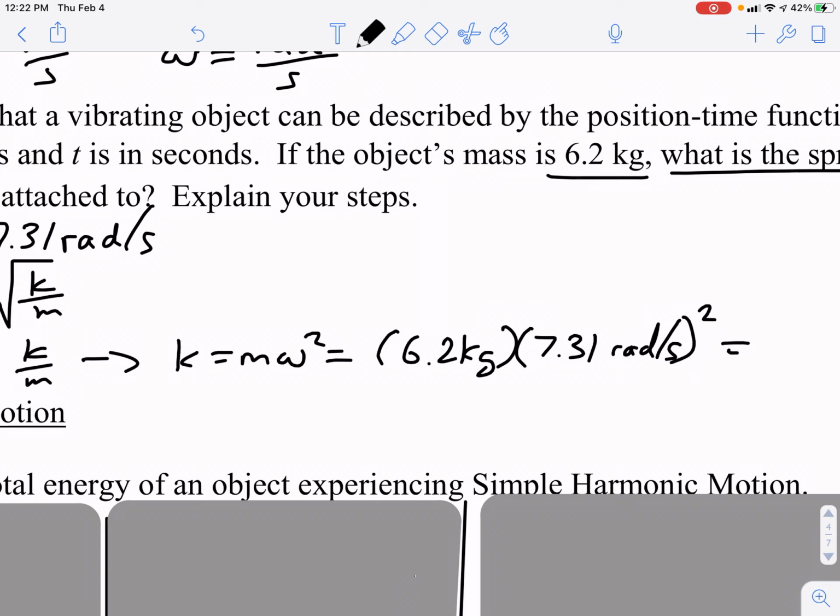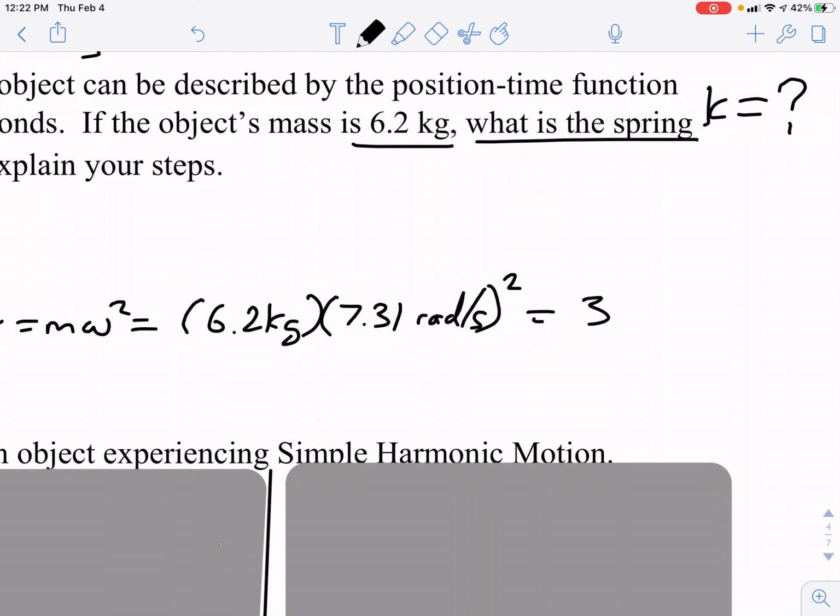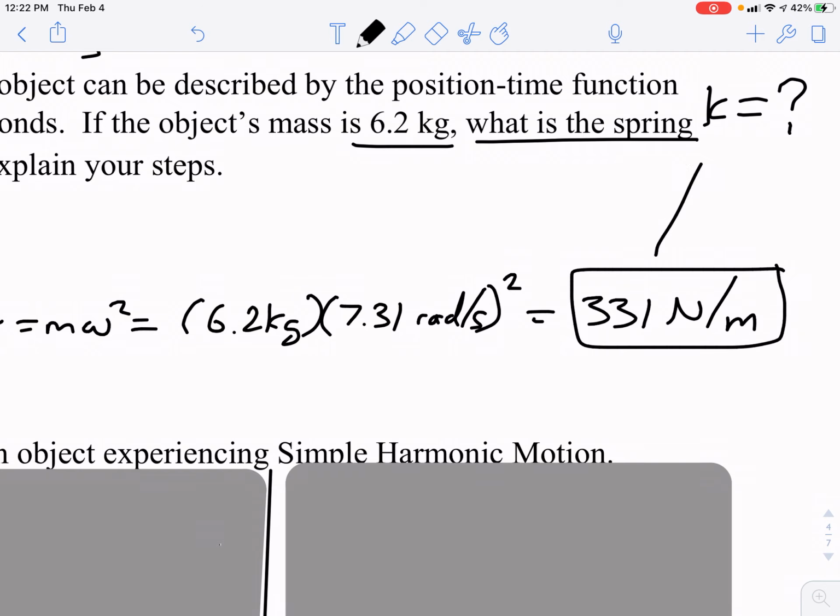Don't forget to square it. We put that in our calculator. 7.31 squared times 6.2 is approximately 331 newtons per meter for the spring constant.